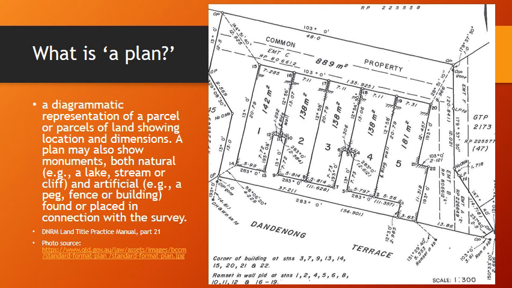So in all of this, we need to come across some terminology which we need to understand. Here is an example of a plan. I'm just trying to develop your understanding of the concept of subdivision further. And you recall that back in the Middle Ages, the English system, the doctrine of tenure, was inherited from feudal Europe, from France.